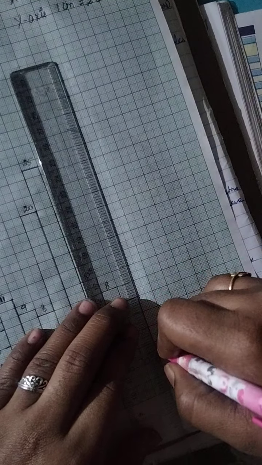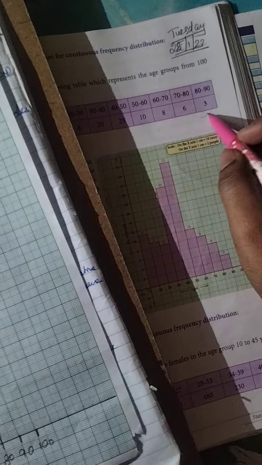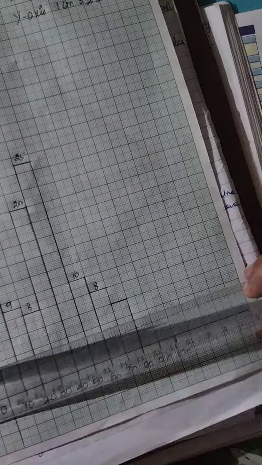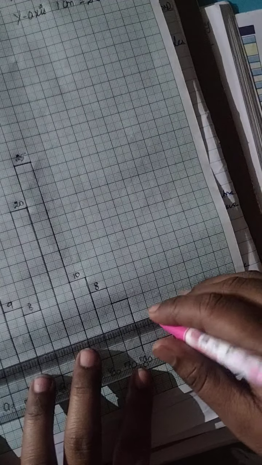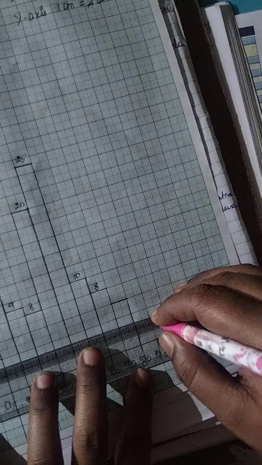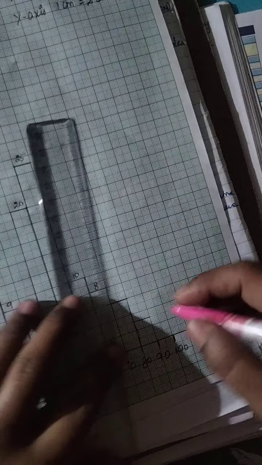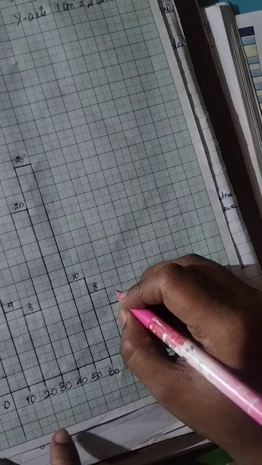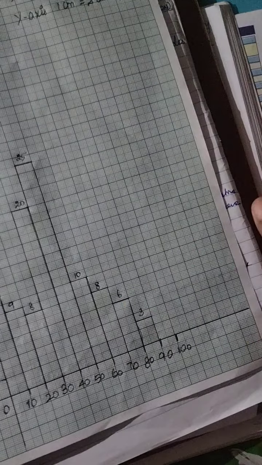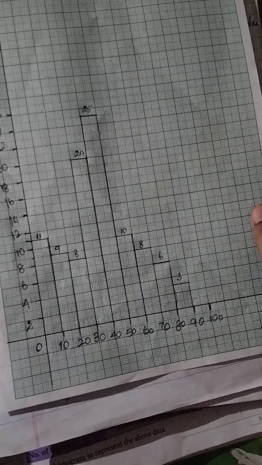Then after that 80 to 90, how many members are there? 3 members. We place it here because in between 2 and 4 the 3 is present. So likewise we have to draw the histogram, students.